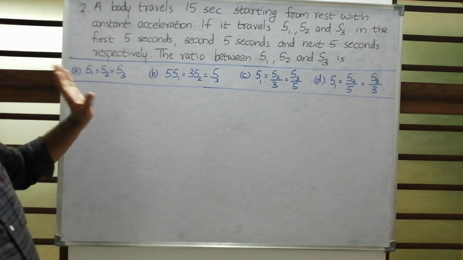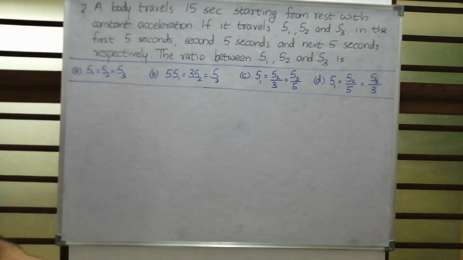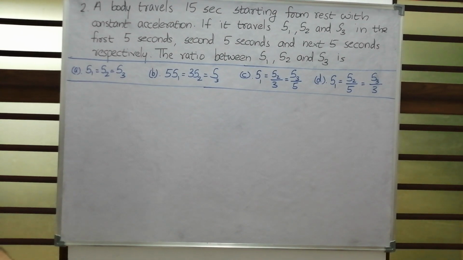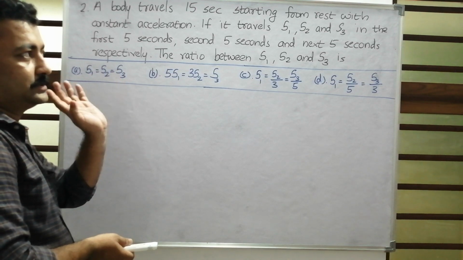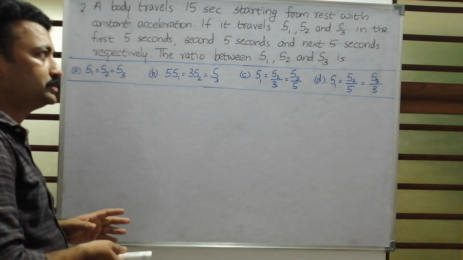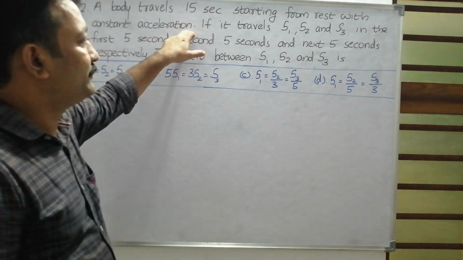We are into the second question of equations of motion, in which the question is a lengthy one. You can see a body travels 15 seconds starting from rest, so we have initial velocity equal to 0 with constant acceleration. That is one condition which is given.